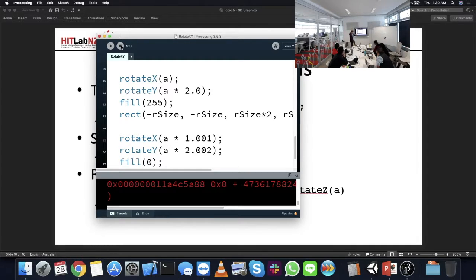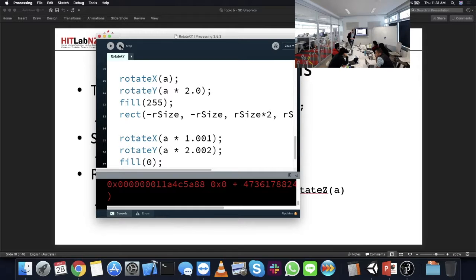So if the x dimension is pointing that way, moving 10 units will move me in the direction of the pen. If I rotate first and then move, I'm still moving in the direction of the pen, even though I feel like if I move 10 units in x, I should move over that way.